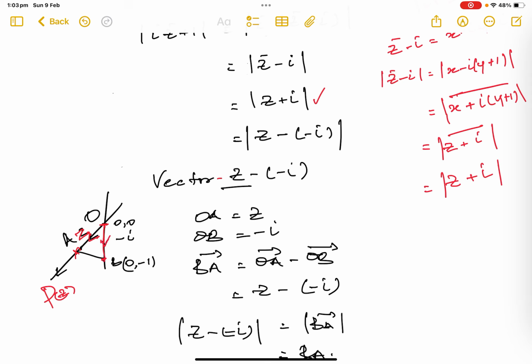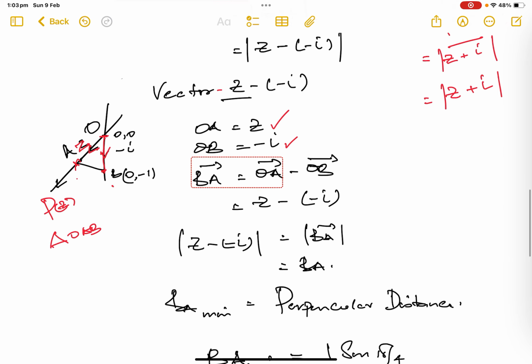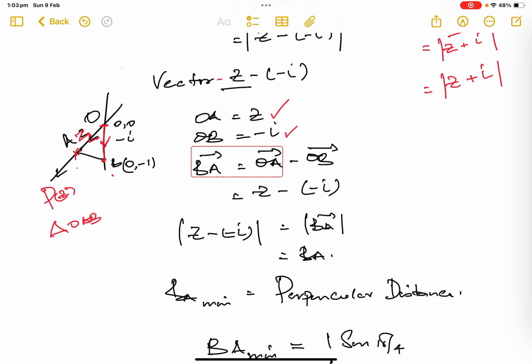So this is the vector minus i. If you look at this diagram, triangle OAB, it's just a vector diagram. OA is z, and OB is minus i. BA goes from this to that. BA equals OA minus OB, which is vector triangle addition, or vector algebra if you want to call it generally.